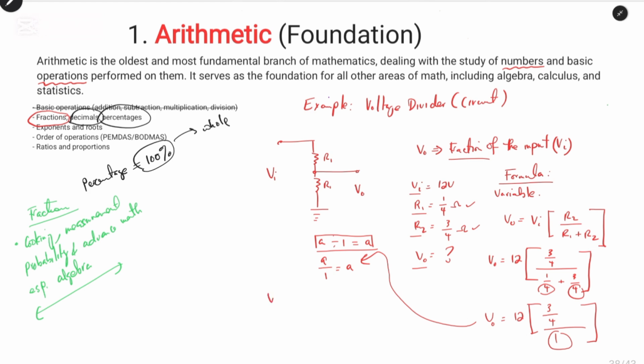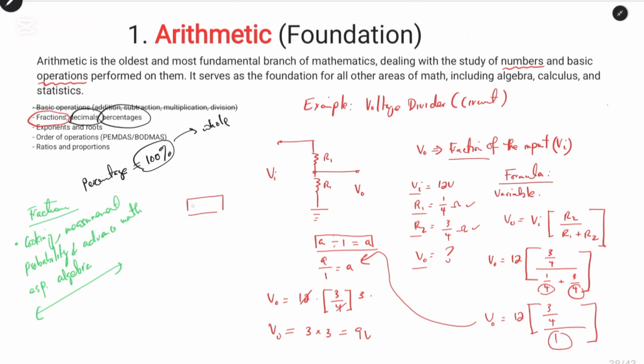So this is the rule. Therefore, we have Vout now equal to 12 multiplied by 3/4. We can simply cancel: 4 into 12 will give us how much? 4, 8, 12. It will give us 3. Therefore, we now have 3 times 3, which will give us 9 volts. So in this electrical circuit, we have 12 volts as an input, and the output now will be 9 volts.